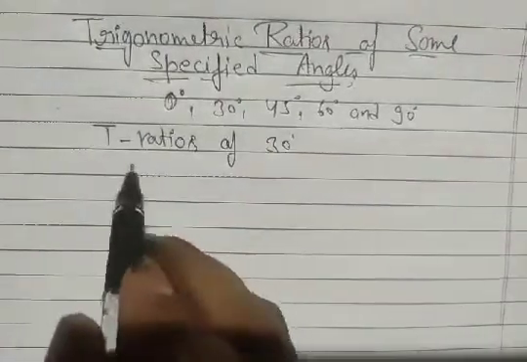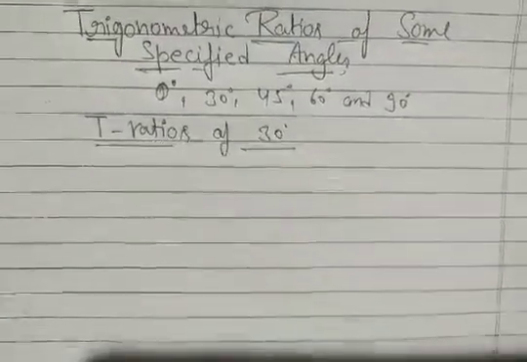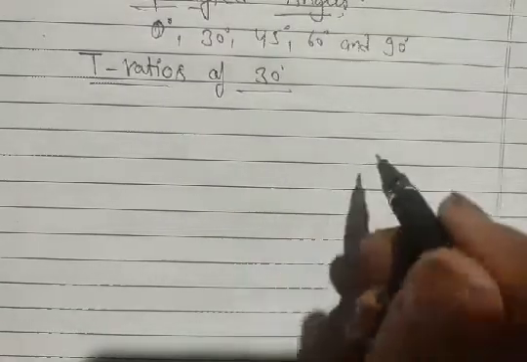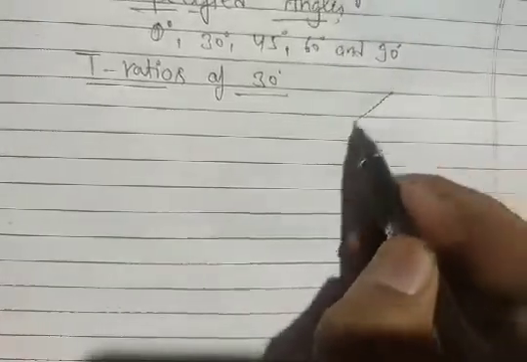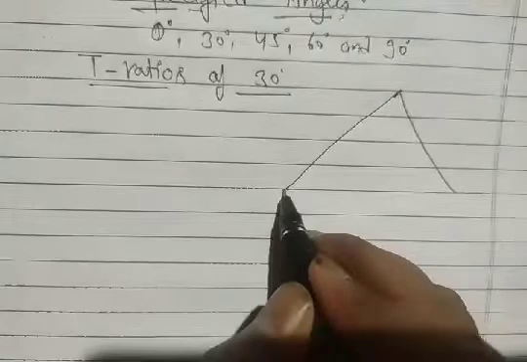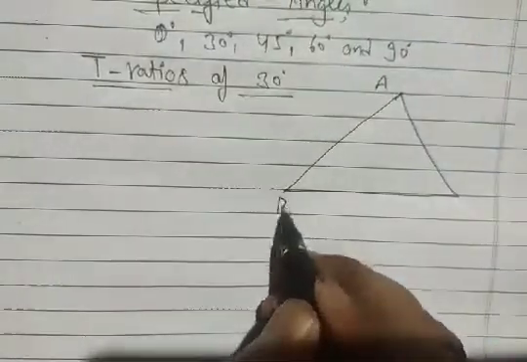We are going to start by finding the T ratios of 30 degree. Now to find the T ratios of 30 degree, what we have to do, we are going to take an equilateral triangle. We draw an equilateral triangle ABC.